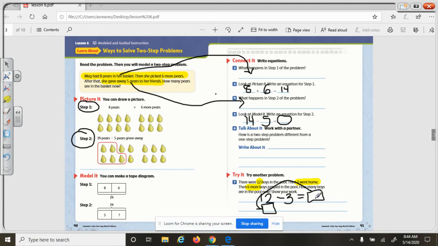So 12 minus 3 is 9. Now we know that we have 9 boys left in the pool after those 3 went home, but 6 more boys show up. If more boys are coming, the number's getting bigger, so we have to add. So we're going to take the 9 boys that were left at the pool, add 6 more boys, and I want you to come up with the answer to the problem.